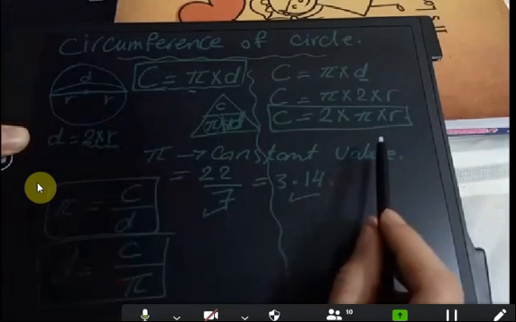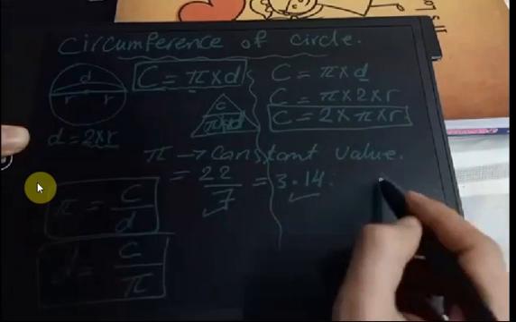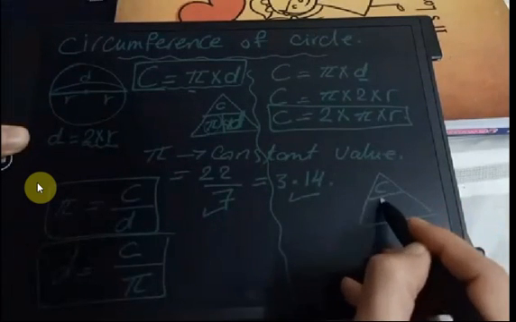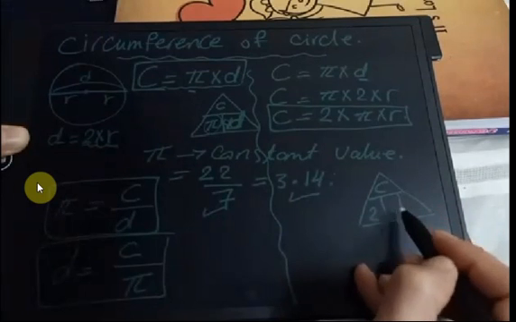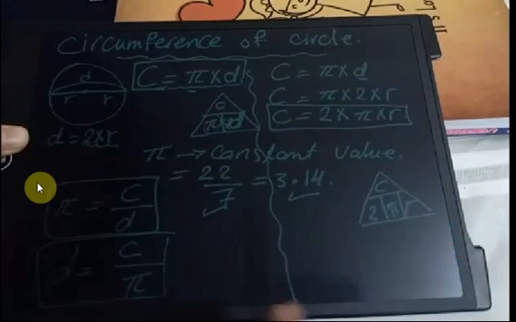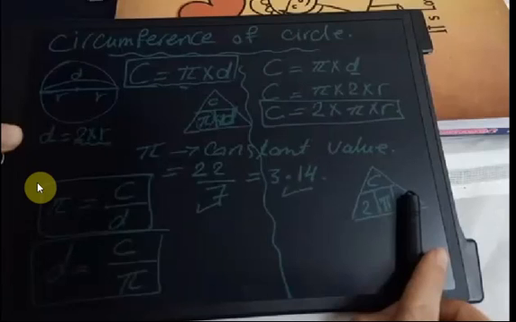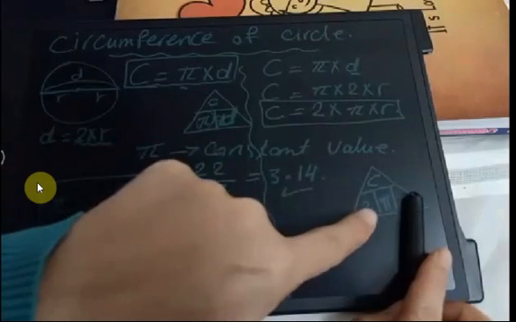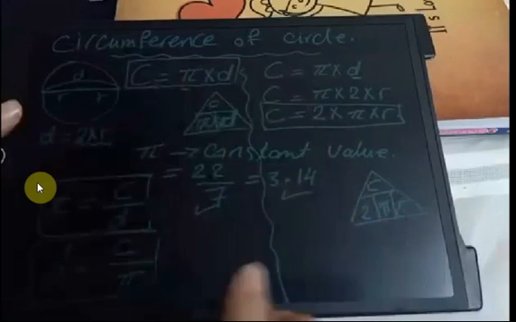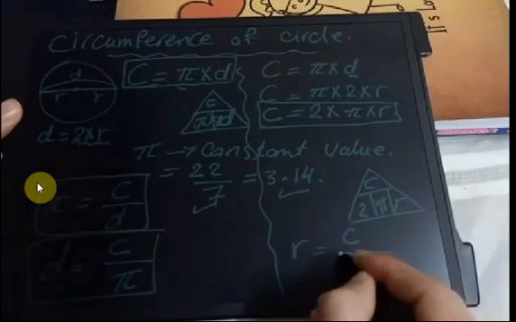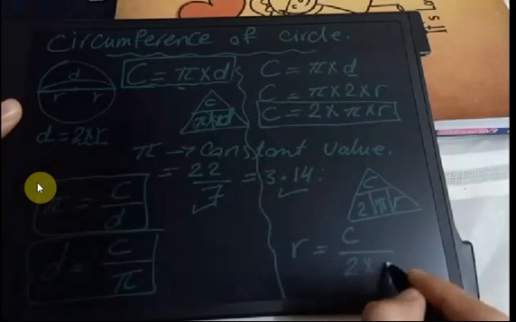Okay, what about this rule? If I put it in a triangle like this, c equals 2 times pi times r. If I want to get the r, I will hide it, so it will equal c over 2 times pi. So here it is, the r equals c over 2 times pi.